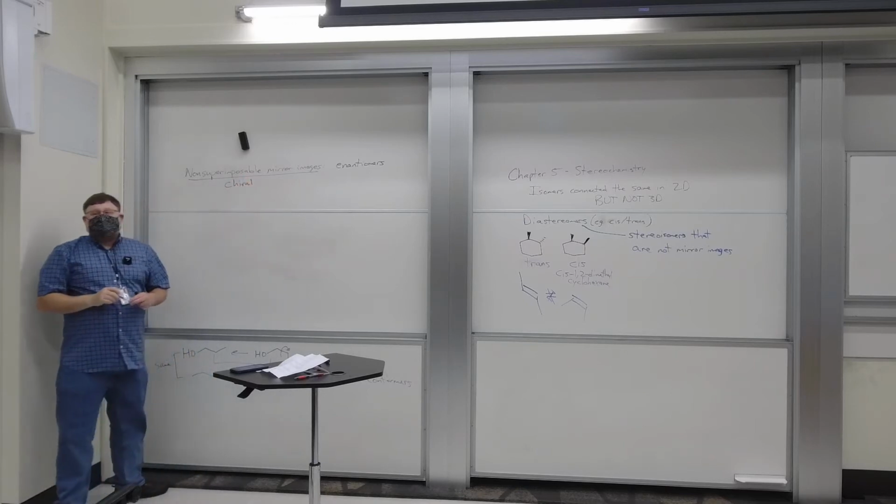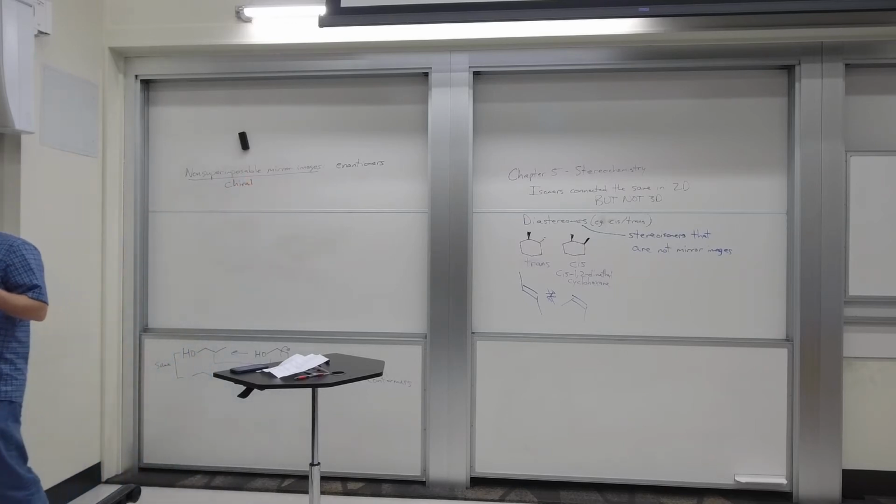The word chiral does not only apply to molecules, it doesn't only apply to chemistry. Any two objects that are mirror images of each other, but they're not superimposable, are chiral. Anybody want to give me an example of a chiral object?